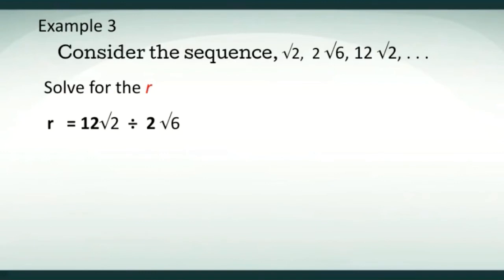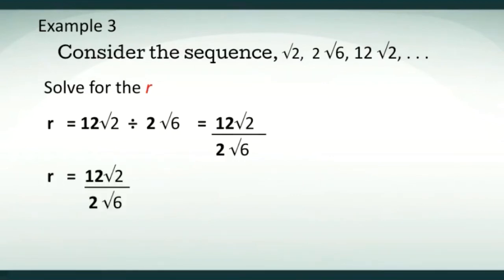Let's rationalize. It means we will change it to 12 square root of 2 over 2 square root of 6. So what are we going to do? Divide. Yes, we divide it. But how can we divide it?